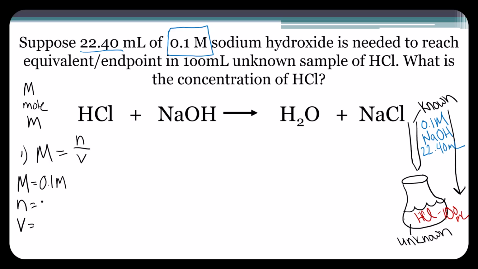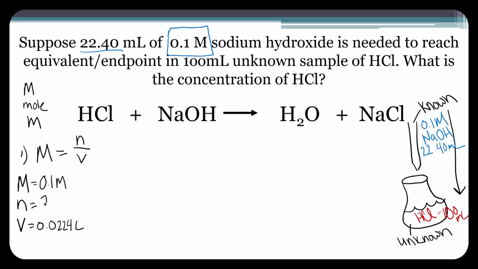Do I know how much I used? I do, right? It's 22.4 milliliters. But remember, our volume has to be in liters. So we would convert that. So divide it by 1,000 or move the decimal over 3 places. So the correct volume is 0.0224 liters.